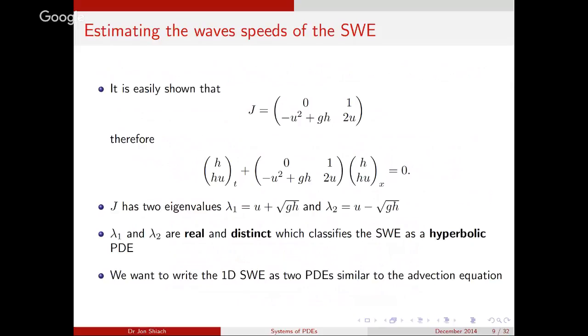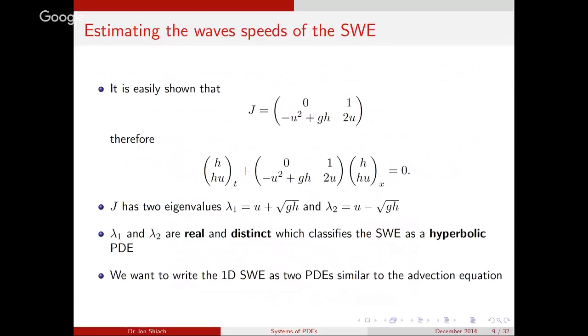First thing I need to do is write this in the form of U1 and U2. The first one's easy. F1 is equal to HU, but HU is also equal to U2. So instead of HU, my F1 is equal to U2. Does that make sense?